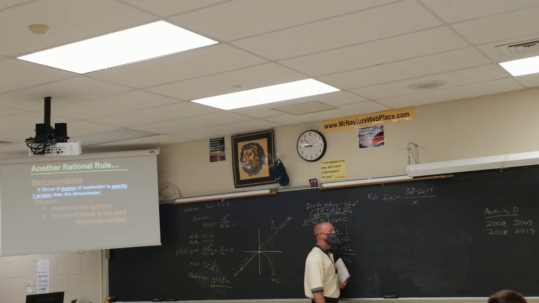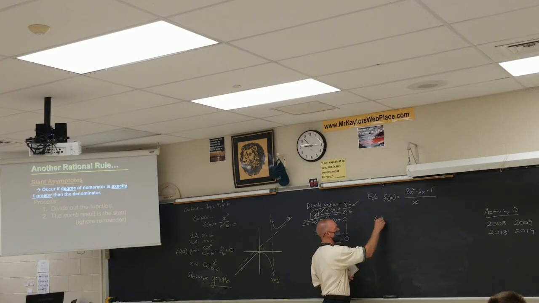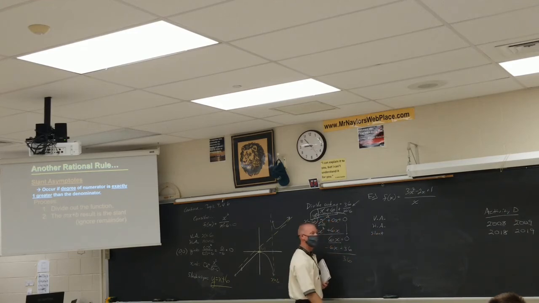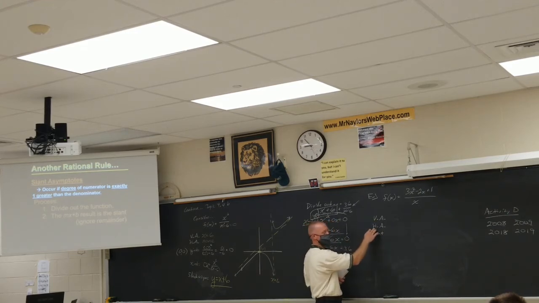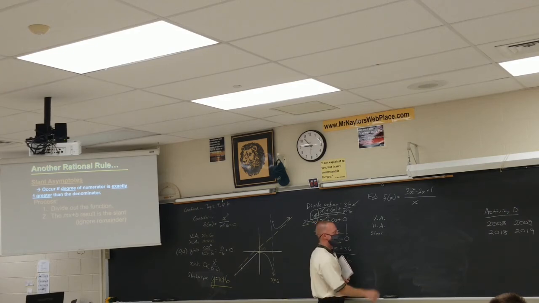And now speaking of that, that means that it's got certain behaviors. And what I'm getting at is that the list of behaviors, we just added. We honestly just added one. So we still have verticals, we still have horizontals, but now we're going to add slants. Of course, we still have the y-intercept and the x-intercept.